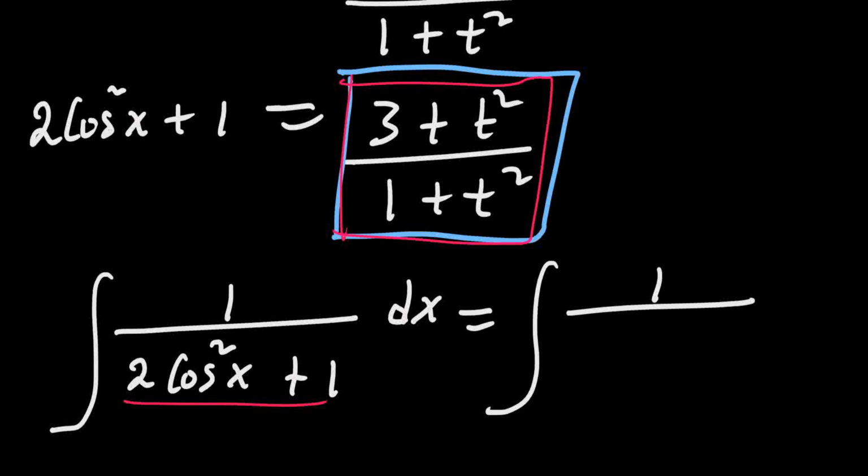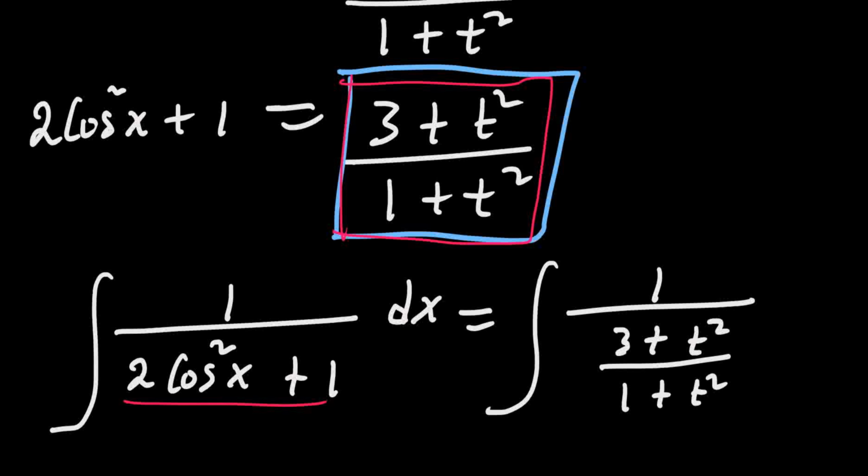So we are going to just bring it here. So 3 plus t squared over 1 plus t squared.